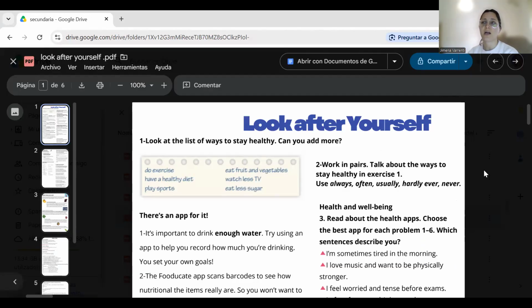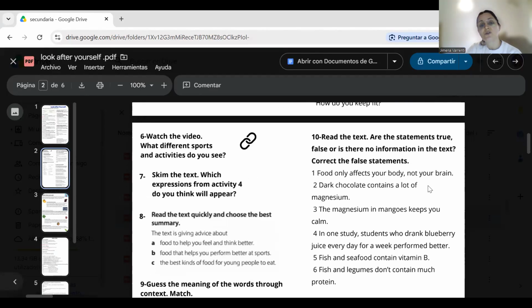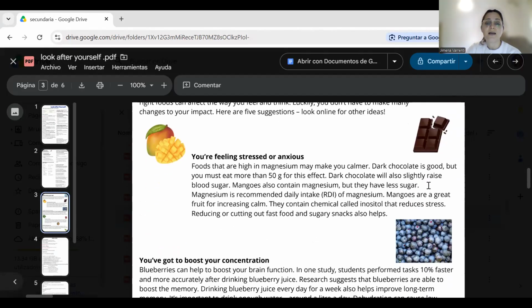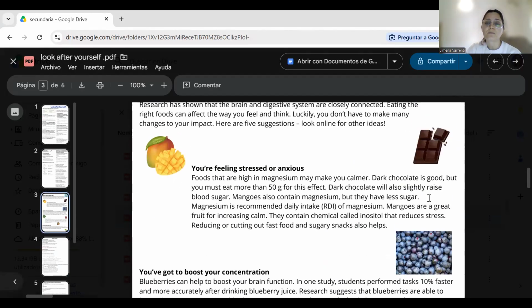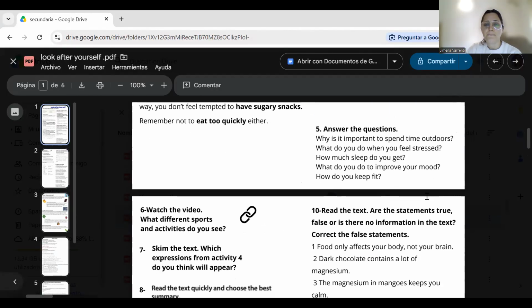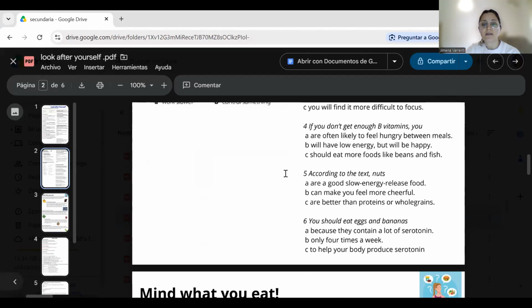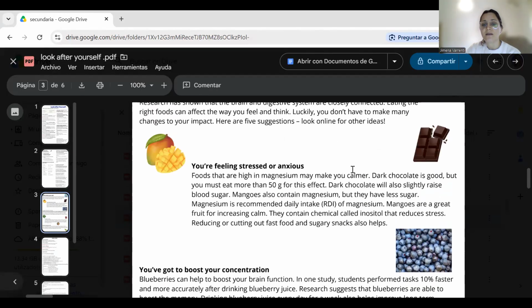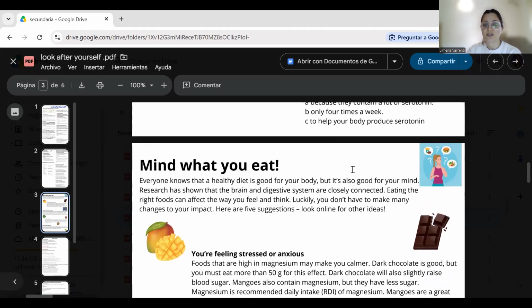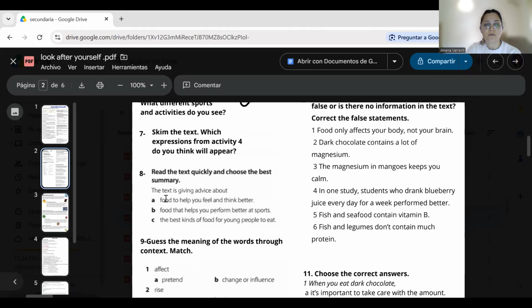So, for example, in year 5, we are working with this unit, which I invented and that you can also buy. The unit is called Look After Yourself, and in this unit, the idea is to work with healthy habits and modal verbs. So, for example, I told my students that they had to read this text, underline the words which were similar to Spanish, and then they had to solve activity 8, which was circle the correct summary for the text.